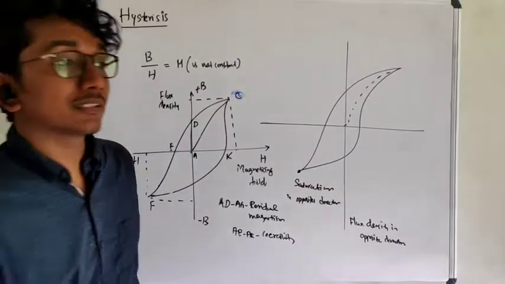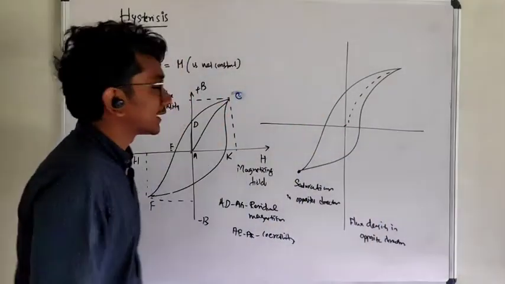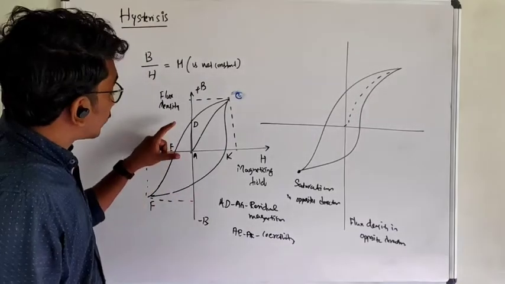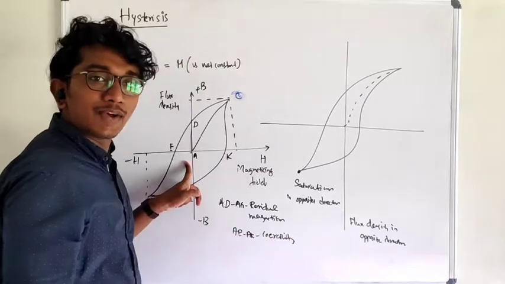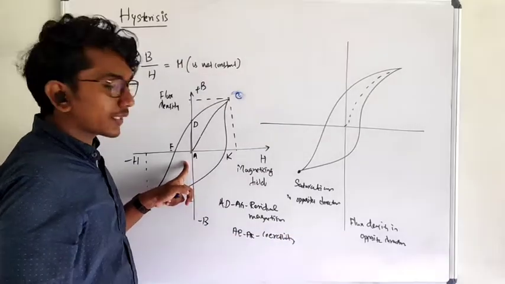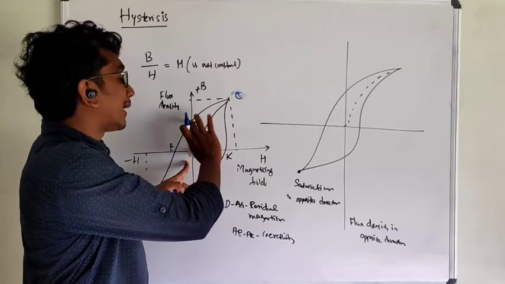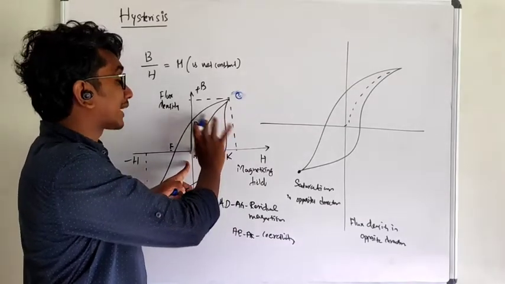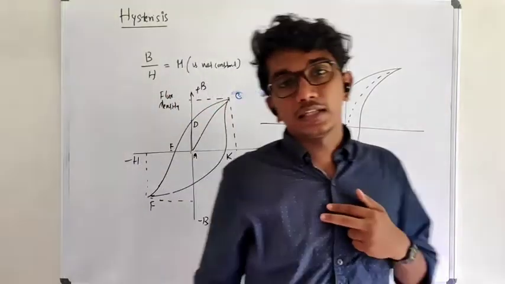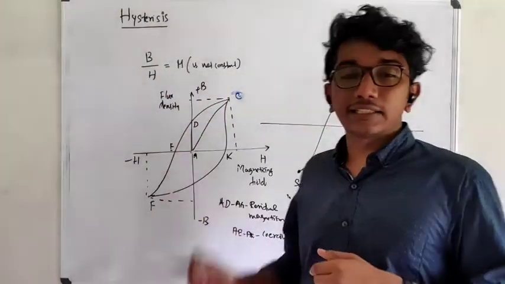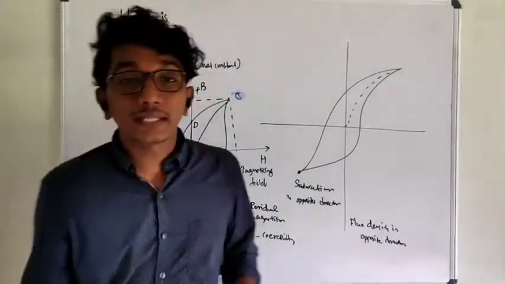It is very simple: suppose at this point the magnetic field vanishes, then at that particular time the material will still have an induced magnetic field this much. That kind of property is known as remanence or retentivity, so keep it in your mind. Then you can read about that.